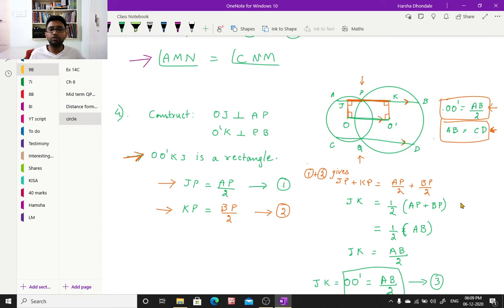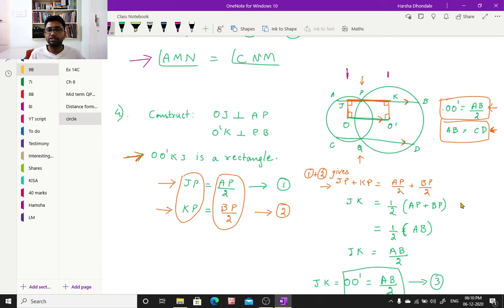Now equation 1 plus equation 2 gives JP plus KP is equal to AP by 2 plus BP by 2. Now what is JP plus KP?